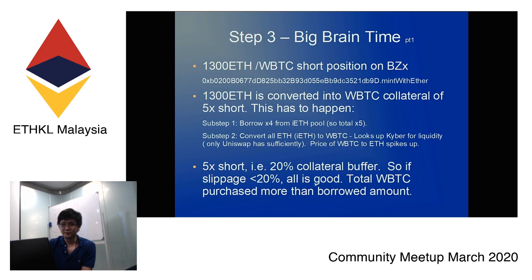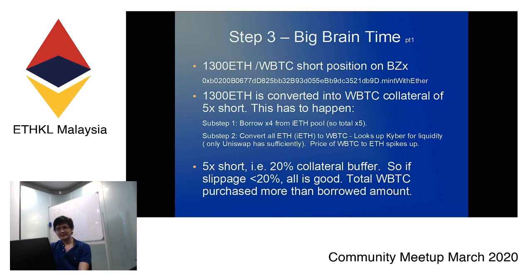The third step is what I call the big brain one, because it involves a number of contracts, not just the contracts bZx is involved in, but also, for example, some of the liquidity providers. The first thing they did is set up a short position on bZx. It's a 5x short.